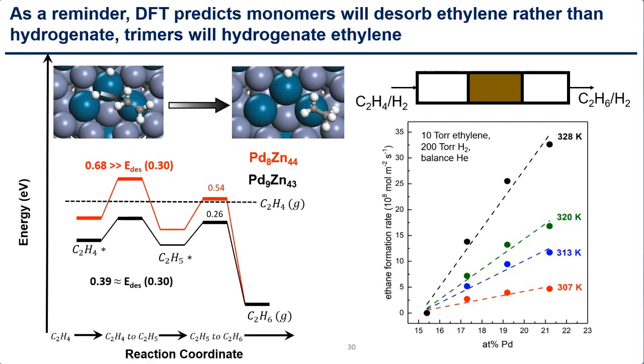And the difference in those barriers decreases substantially when we form the palladium trimer in the palladium-9 system. And so the theory and the experiment agree with one another in terms of palladium-8 being a poor ethylene hydrogenation catalyst and palladium-9 being an active hydrogenation catalyst, by the data demonstrated here on the right-hand side, where at all temperatures, palladium-8 has effectively zero activity, and for palladium-9, 10, and 11, the activity for ethylene hydrogenation increases.